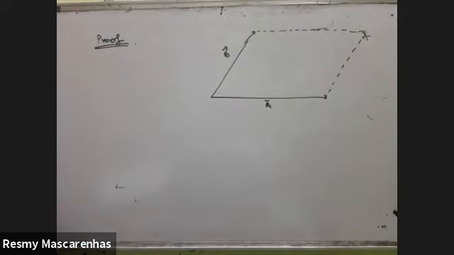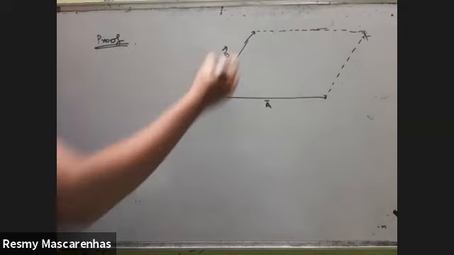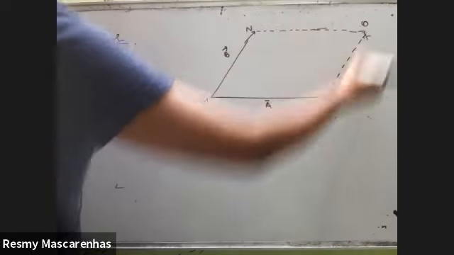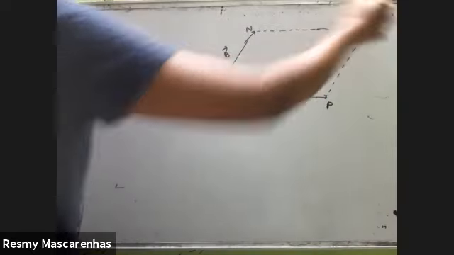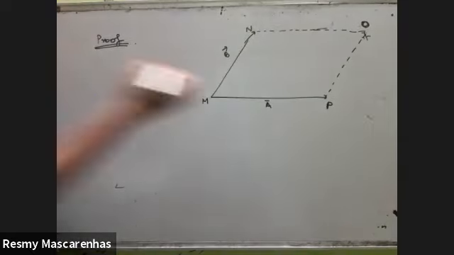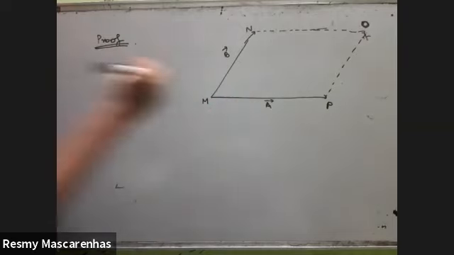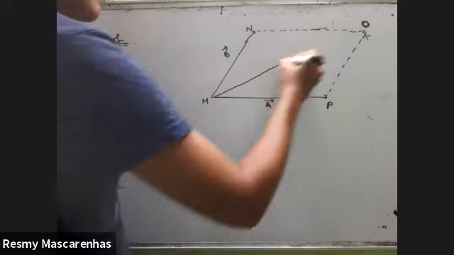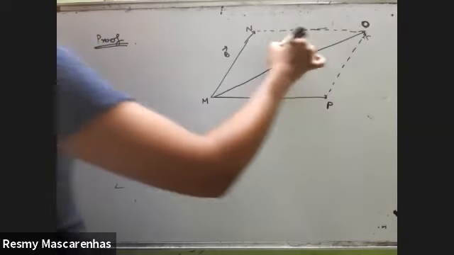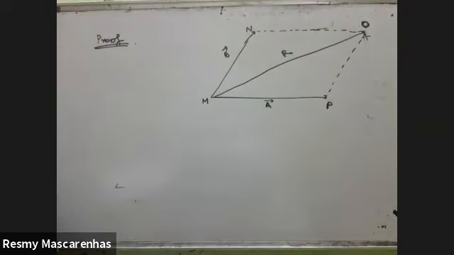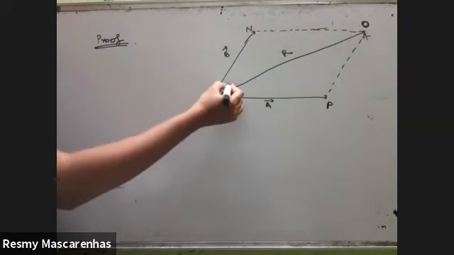Now we'll name them. We'll consider this M, N, O, and P. We'll name the parallelogram as M, N, O, P. Now this definitely is a resultant. This is the angle theta.